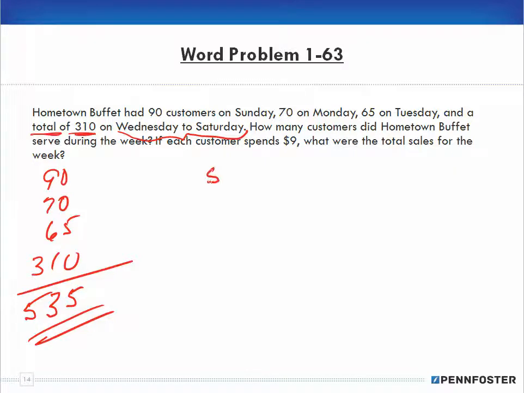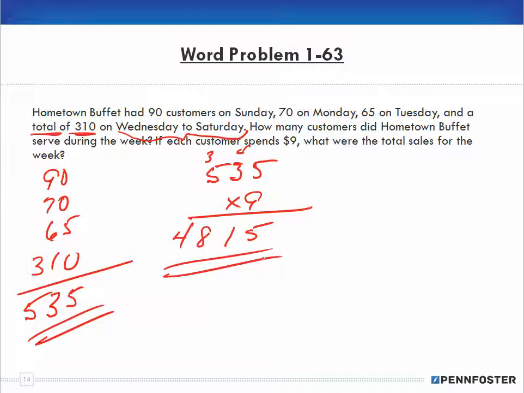Well, if I have 535 customers, and they all spend $9, then the total would be 9 times 5 is 45, carry my 4, 9 times 3 is 27, plus 4 is 31, carry my 3, 9 times 5 is 45, and 3 is 48. So the total amount that they spent was $4,815.